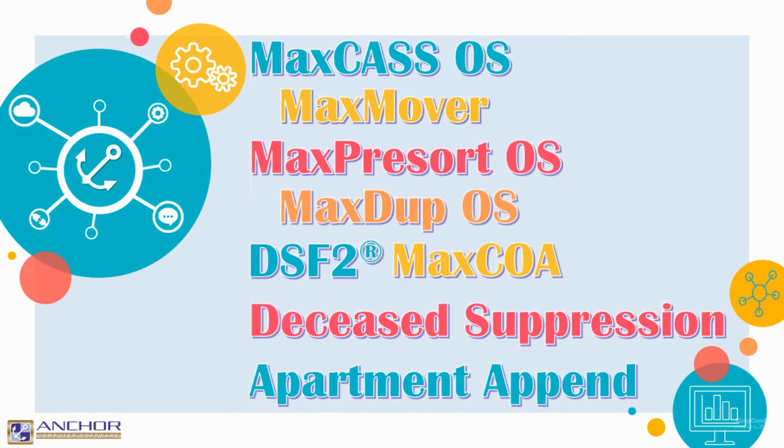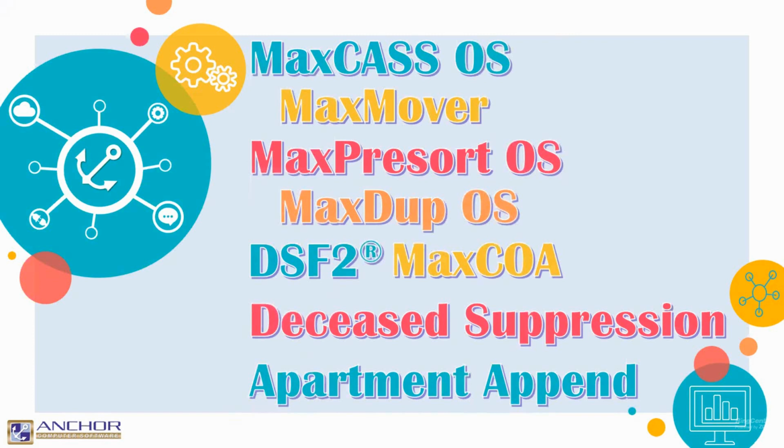These are just a few of the products that we offer that can be shared. As I said, all of Anchor's solutions and services can be shared or accessed with AnchorConnect.